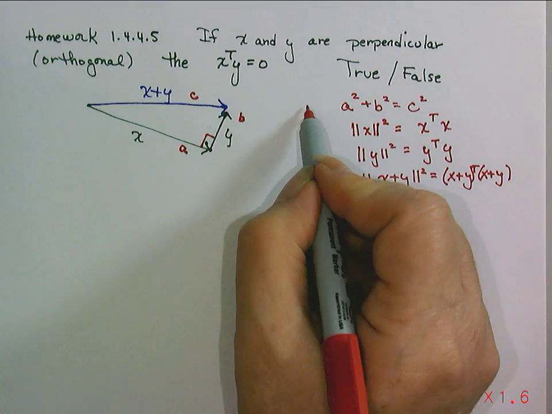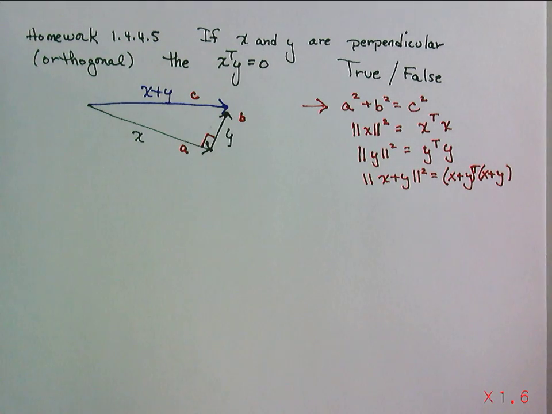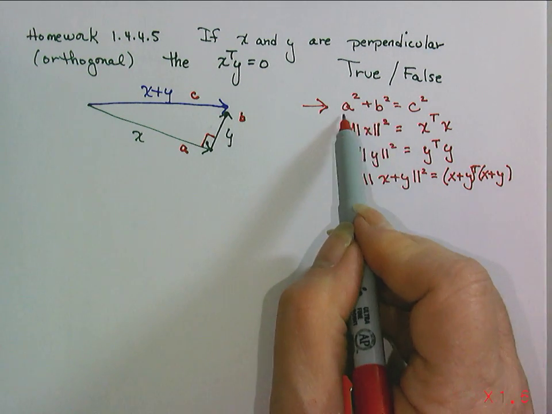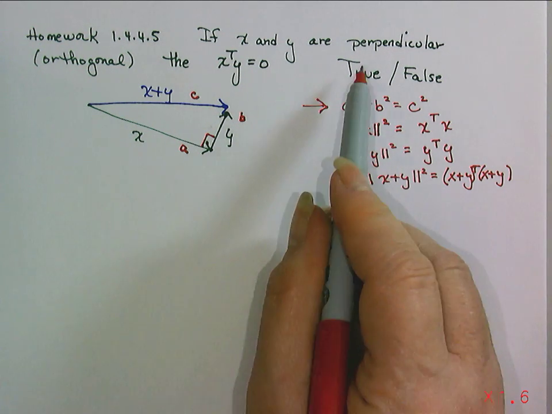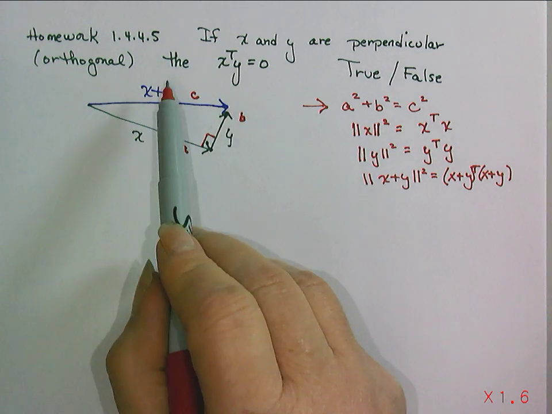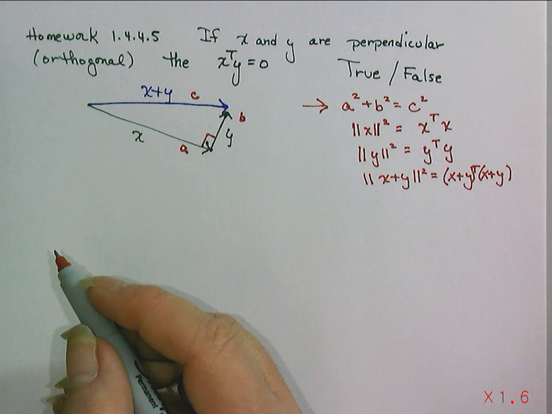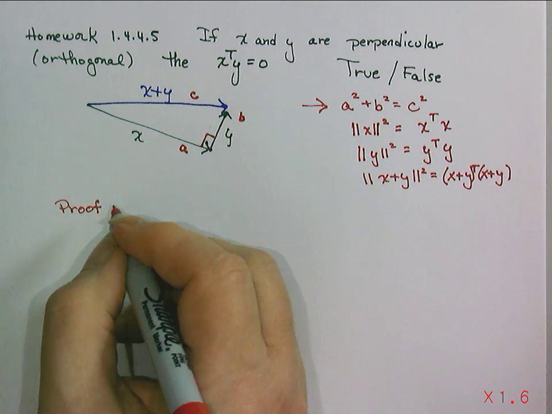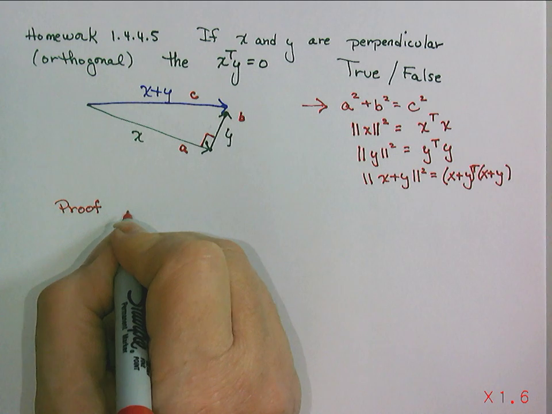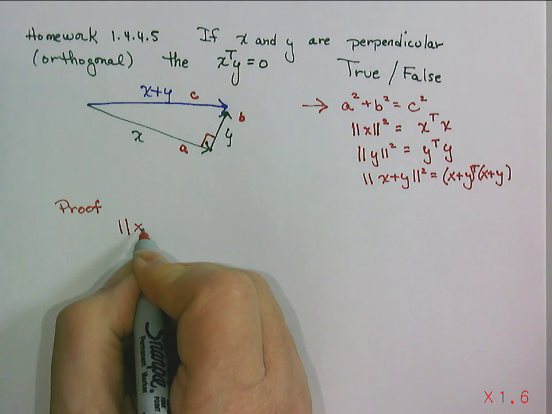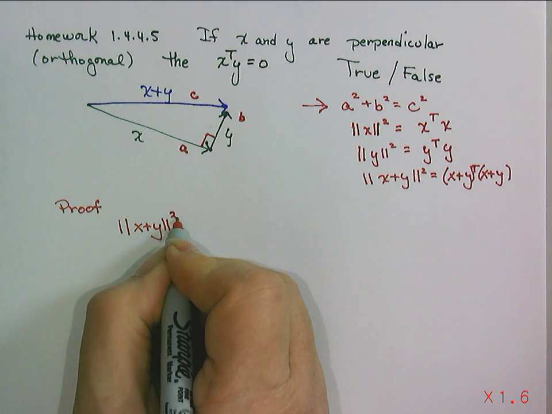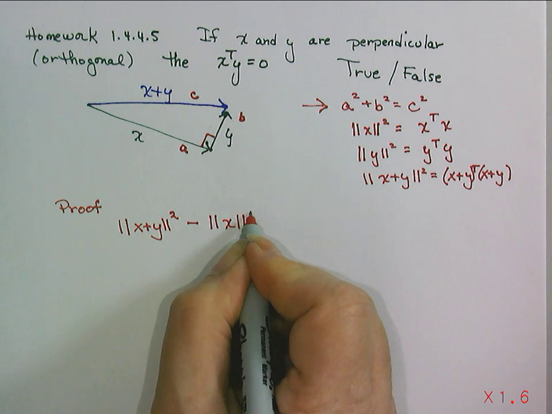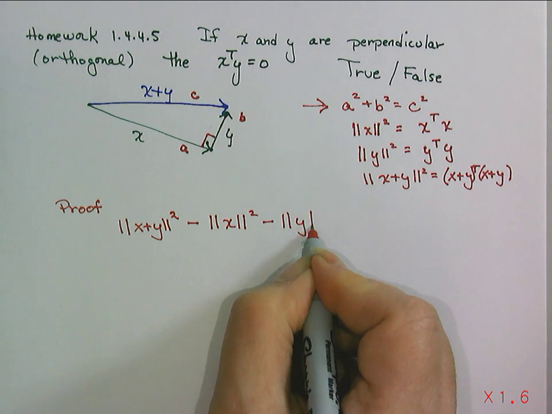Now what else do we know? From the Pythagorean theorem, if we look at c squared minus the quantity a squared plus b squared, the result should be 0. So if we have vectors x and y that are perpendicular, for my proof we want to look at the length of the sum squared and subtract from it the length of x squared and the length of y squared.